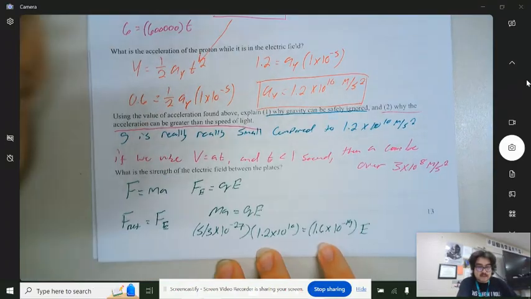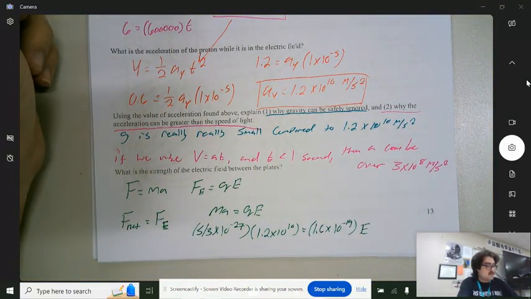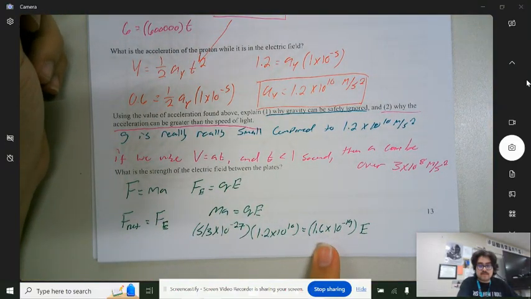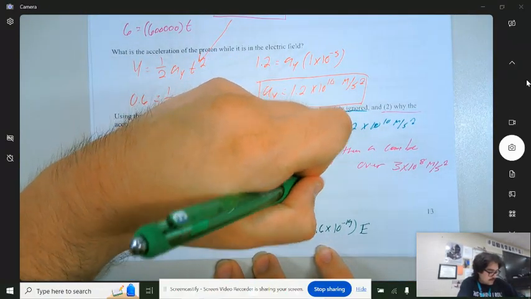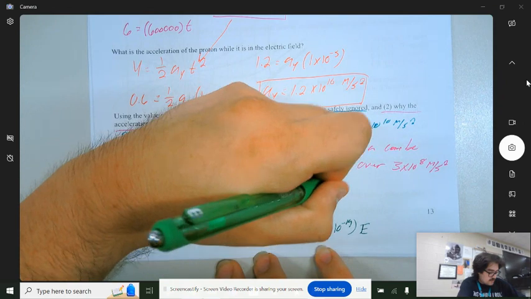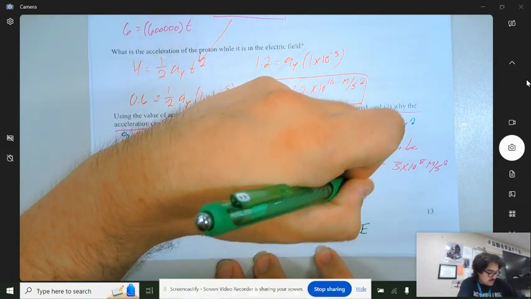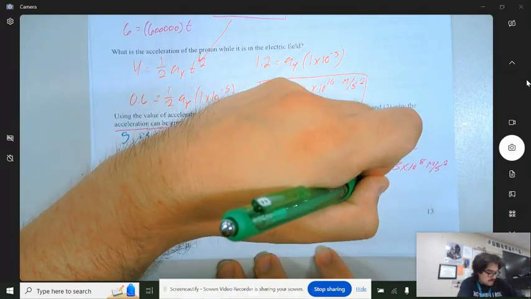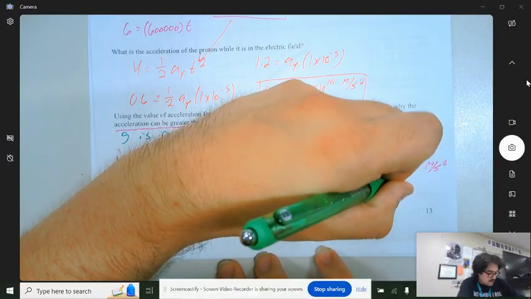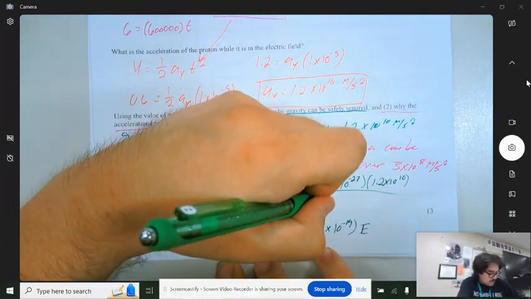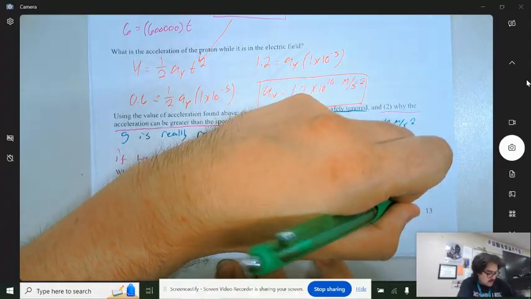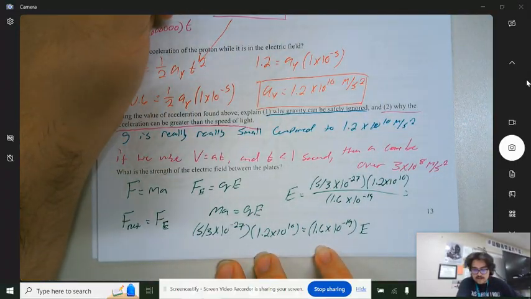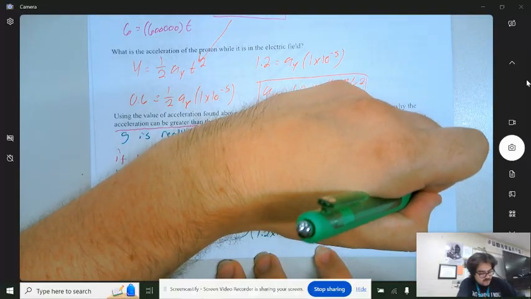And then E is what we're trying to solve for, so you would just divide the elementary charge on both sides. You'd end up getting E equals 5/3 times 10 to the negative 27 times 1.2 times 10 to the 10th over 1.6 times 10 to the negative 19, and that should end up giving you about 125 newtons per coulomb.